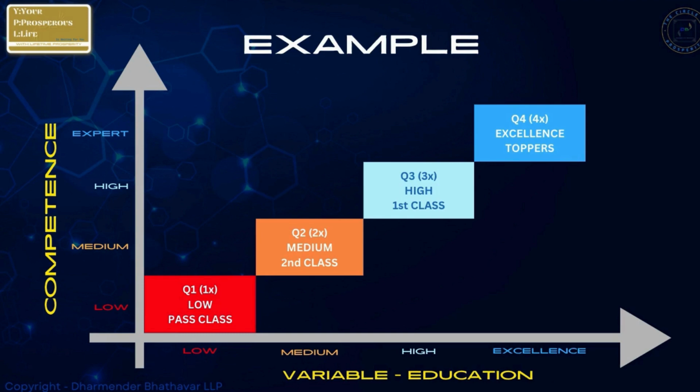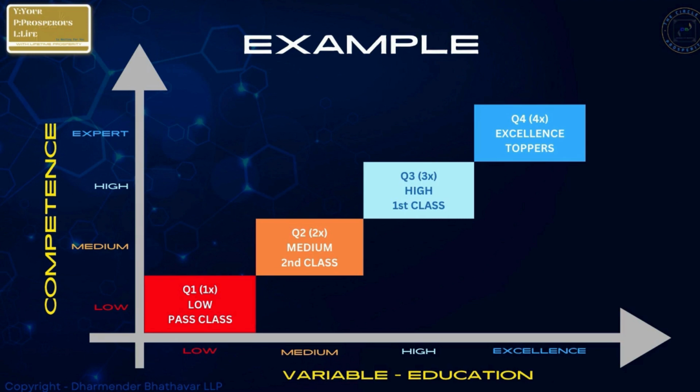Now if your competency level is high, and in turn your education is also on a higher end, this becomes Q3 or 3x growth, where both are high, hence their result would be first class, and their scoring is somewhere between 70% and 90%.